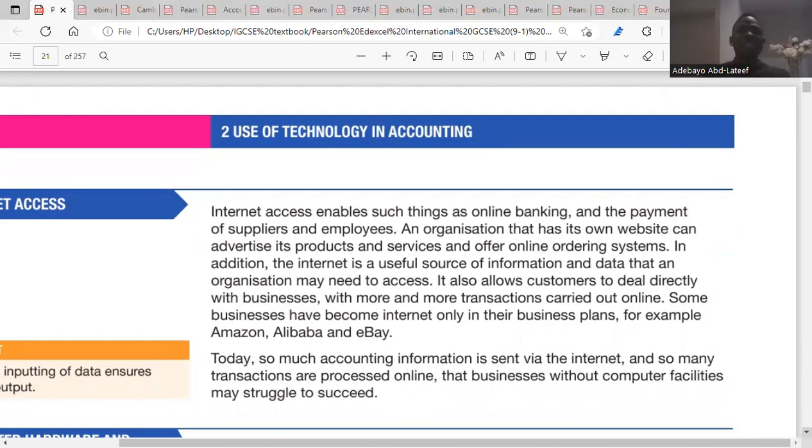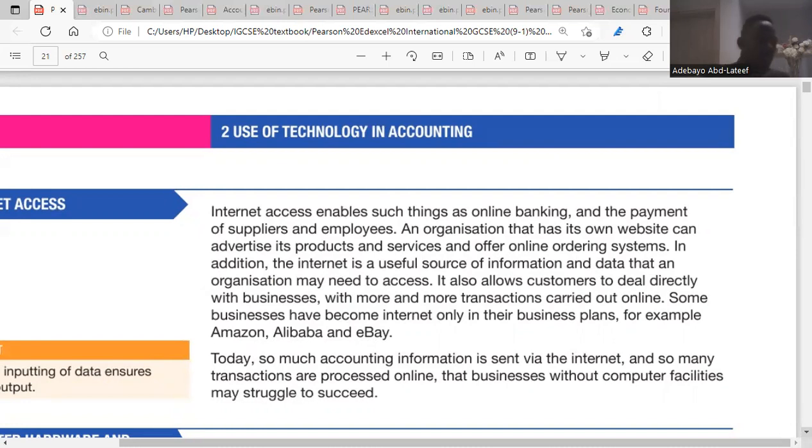With internet accessibility, you can use accounting software to pay your customers, to pay your employees, and to receive payment from your customers. Do you understand? It's not always that you pay physically, or that your customers have to be with you before they make payments. It can be done online, in as much as there's internet accessibility. Do you get the internet access here?